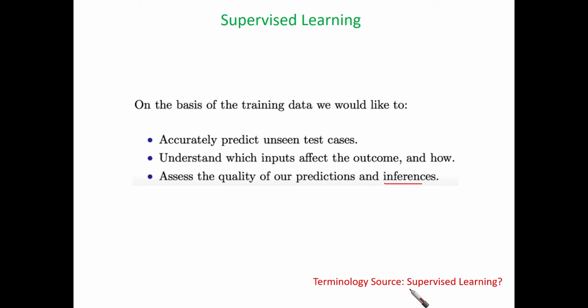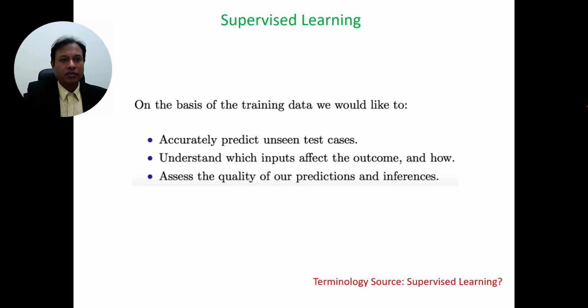Now see how the name supervised learning came about. Let's say there is a child going to school or kindergarten, and there is a teacher. The teacher teaches the students.